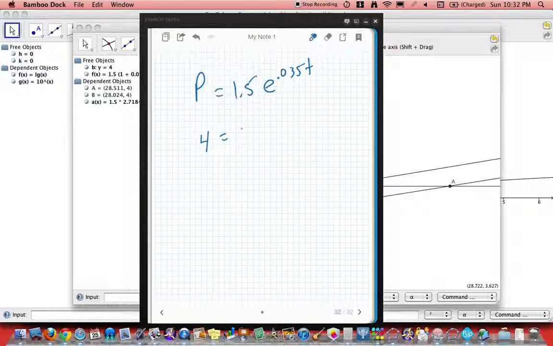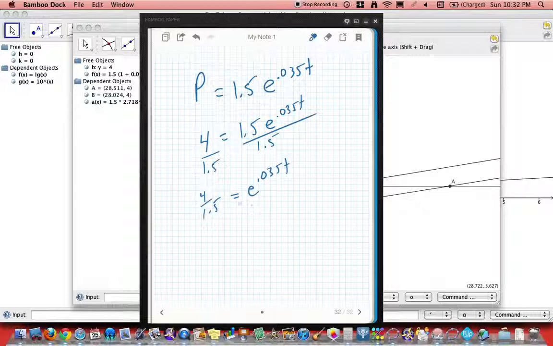So when does 4 equal 1.5 e to the 0.035t? Now, again, we're going to divide both sides by 1.5, and we get 4 over 1.5 equals e to the 0.035t.